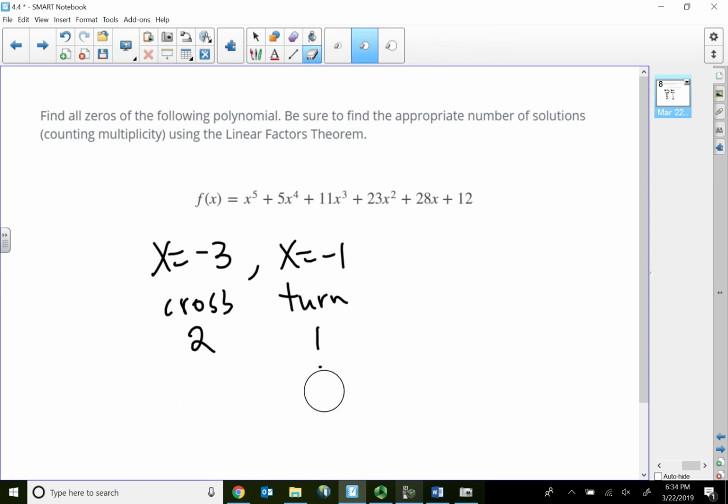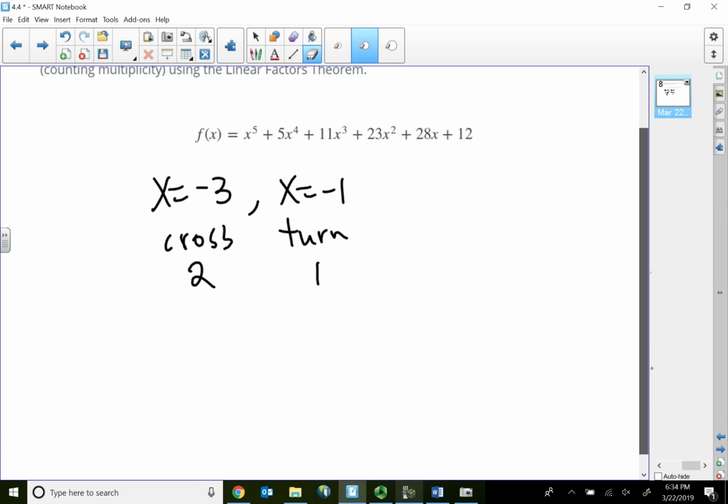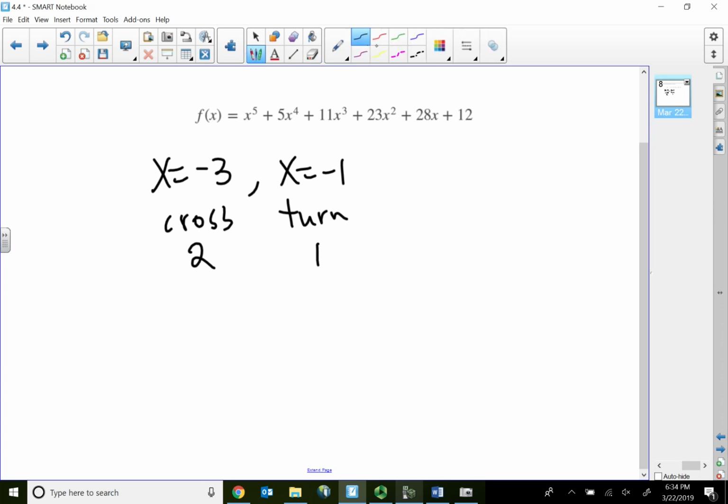I'm just going to go ahead and do my synthetic division and see what my quadratic equation reveals. Oh Lord, I got the numbers backwards. Cross is 1, turn is 2. So if I'm assuming the turning at -1 has multiplicity 2, that means I can use -1 twice, and I can use -3 one time.